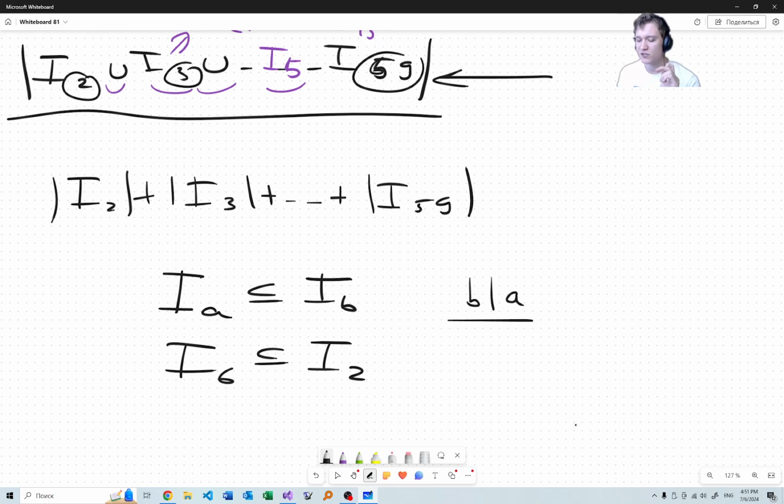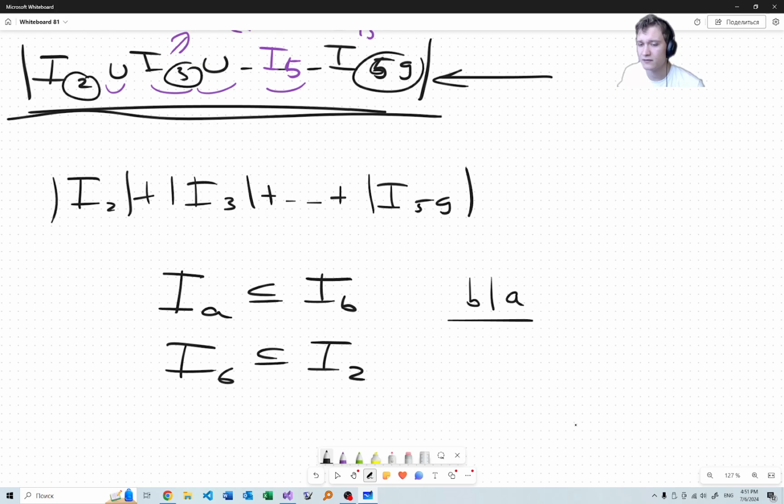If we have some composite index like 24, then all its elements are already in I2. If there is, for example, I27, we're still not interested in it because all the elements of I27 are also in I3. So if you have any composite number, you can replace it with its prime index and you're still in this set.